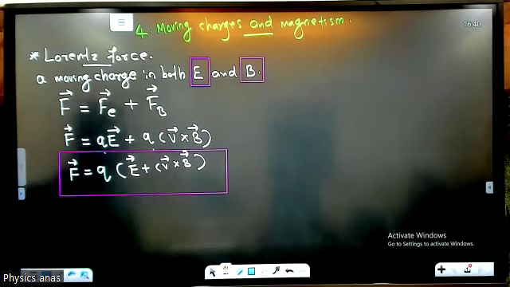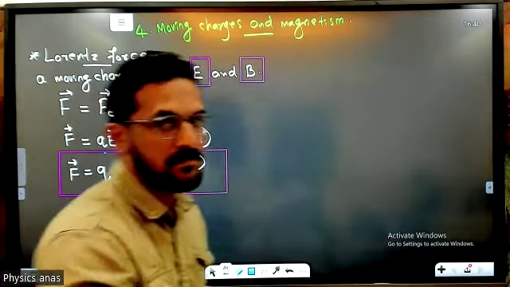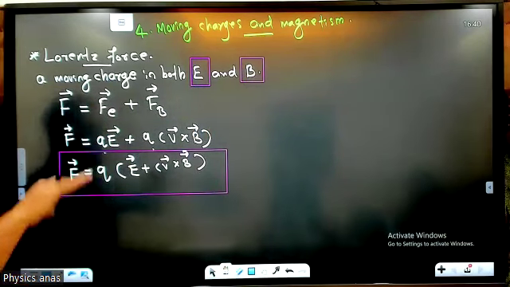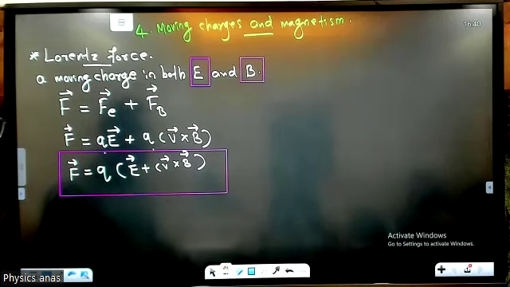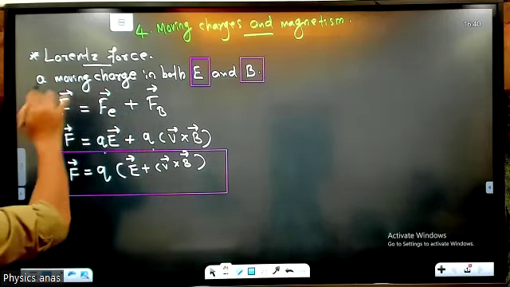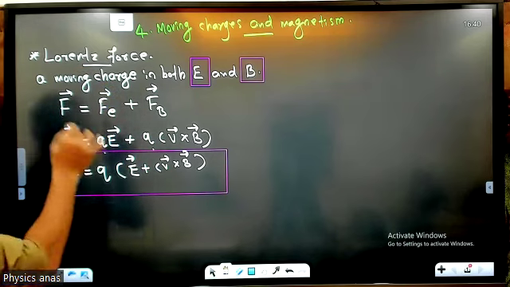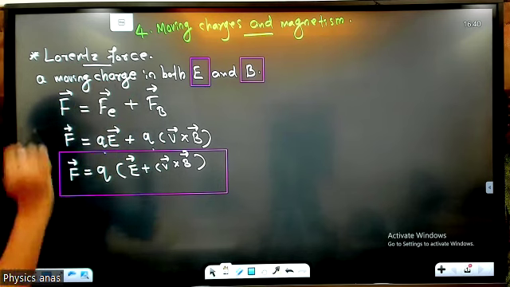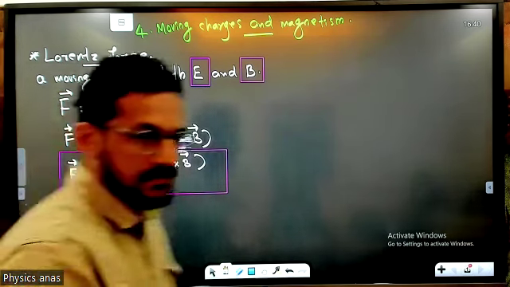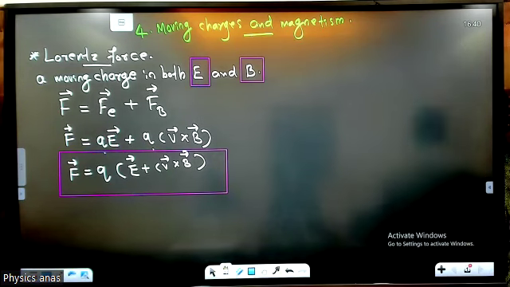The total Lorentz force, or simply Lorentz force, is the force on a charge moving in both electric and magnetic field. So F is equal to Fe plus Fb, and this is Fe's equation and this is the equation for Fb. That's it.